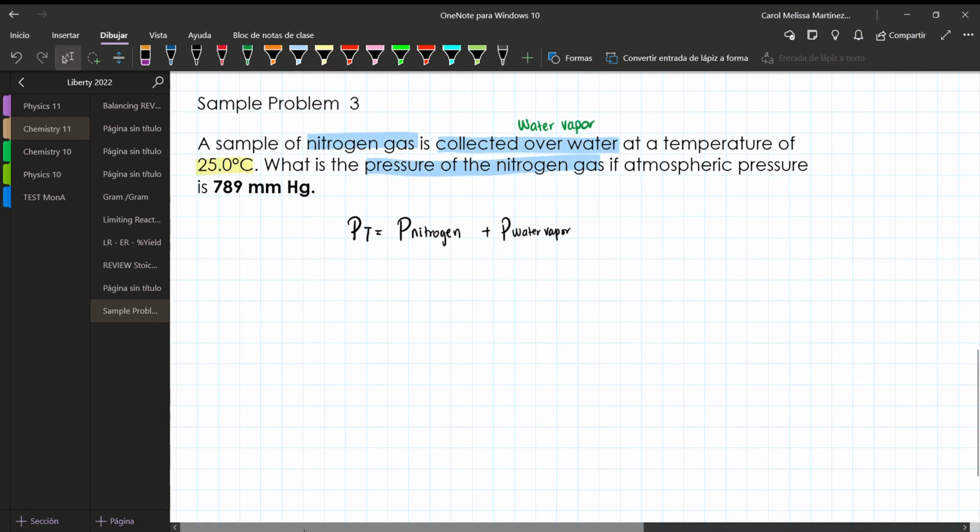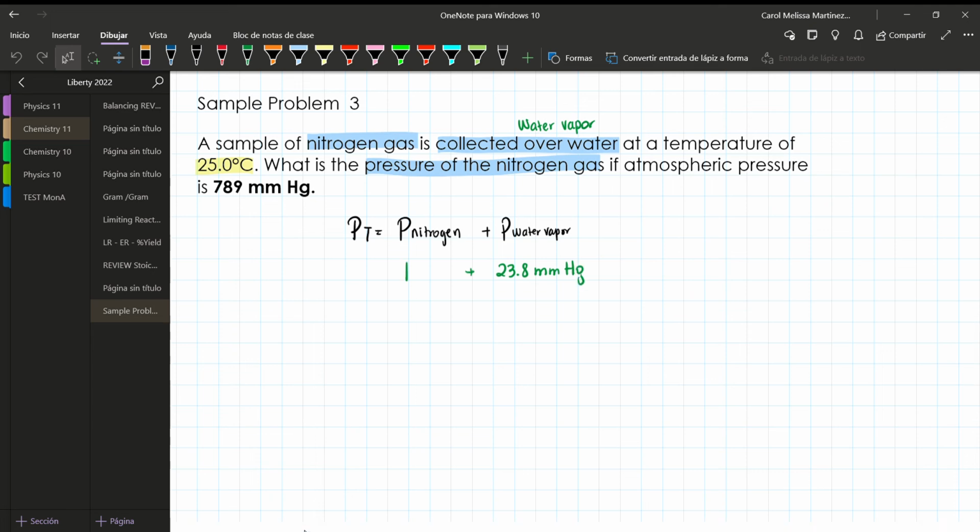Okay, water vapor is 23.8 millimeters of mercury plus the pressure of nitrogen equals the total pressure, that is going to be 789 millimeters of mercury. I'm going to isolate this one, okay?